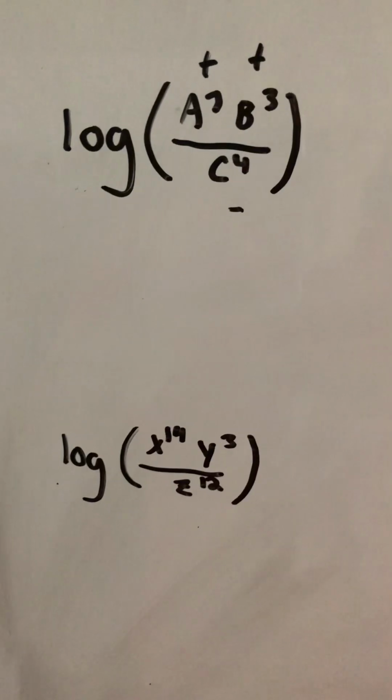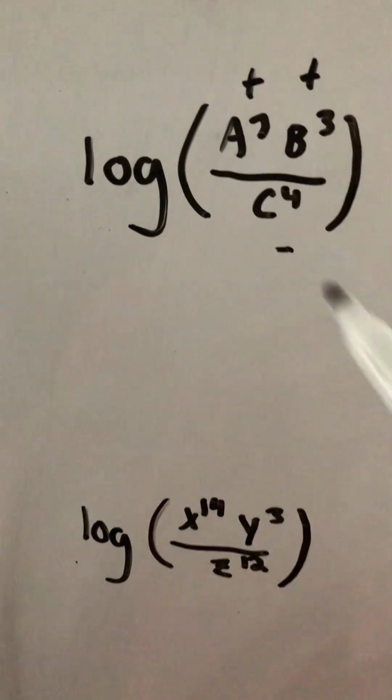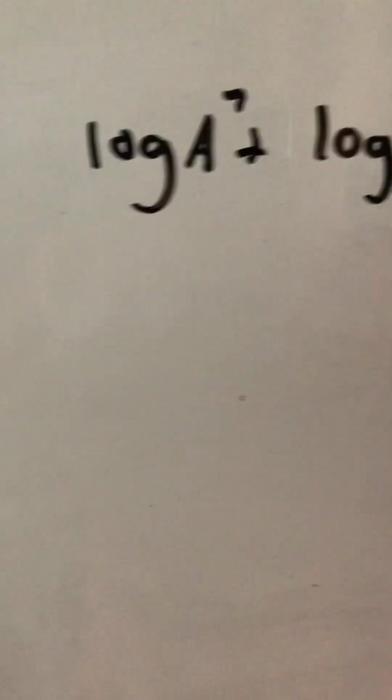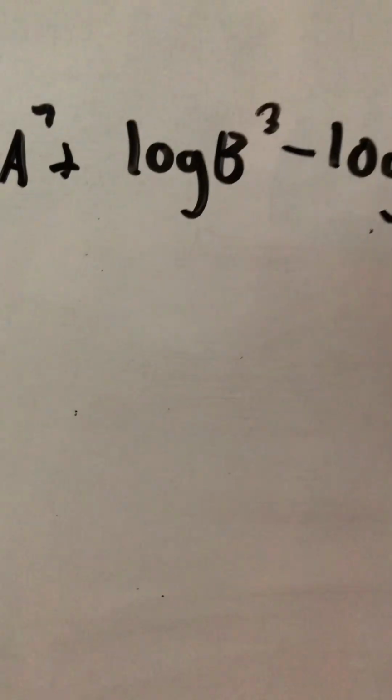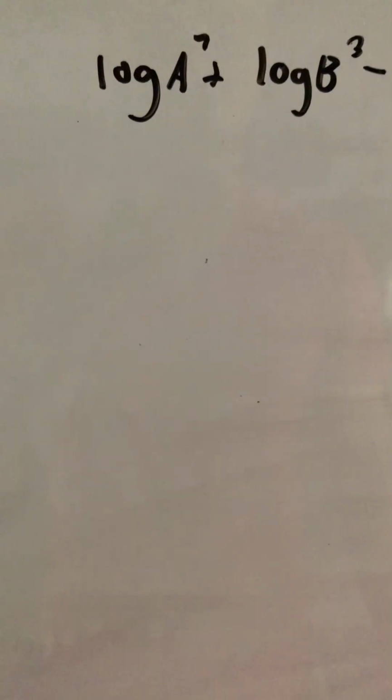Alright, so now I'm going to write the exponents. So it's going to be A to the 7th. So it's going to be log A to the 7th plus log B to the 3rd, and then C to the 4th. Then I'm going to apply that property of logs where you move the n in front of the log, or the number in front of the log.